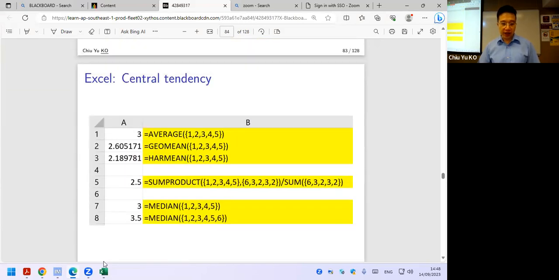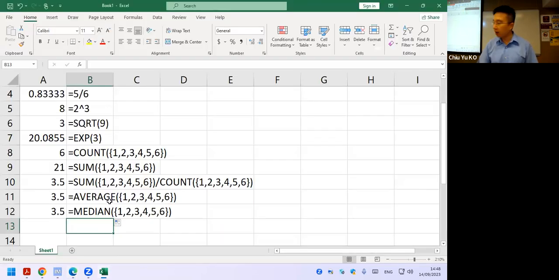Now, so far you can see we have been typing out the numbers in here. The main drawback is the data and the formula are combined together. Doesn't look good. So we want to separate our data and our functions.